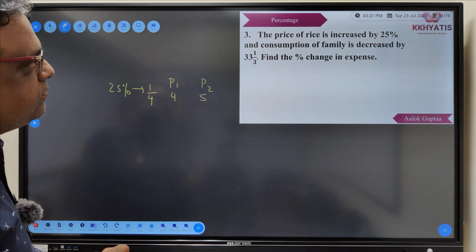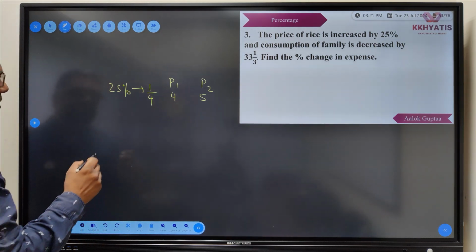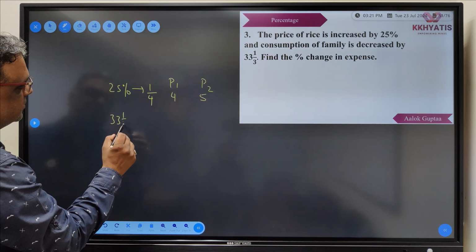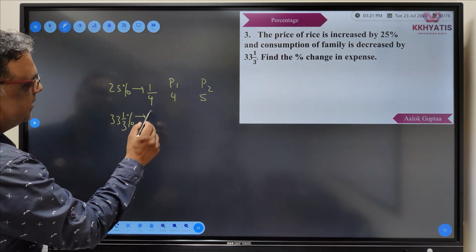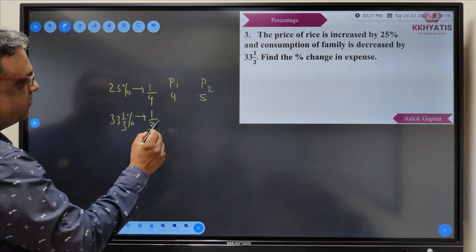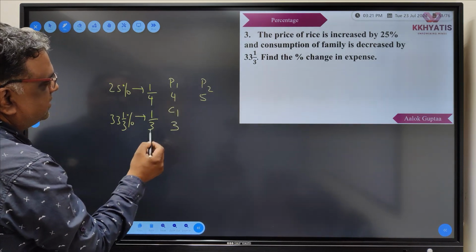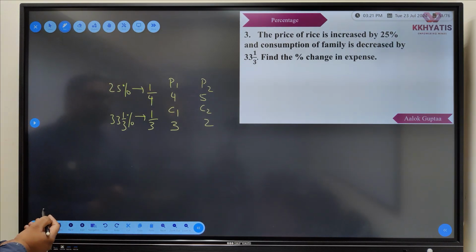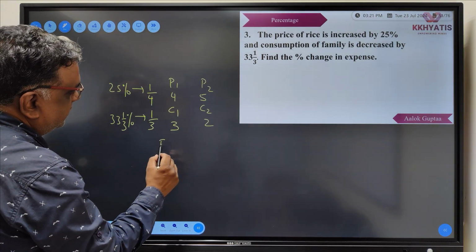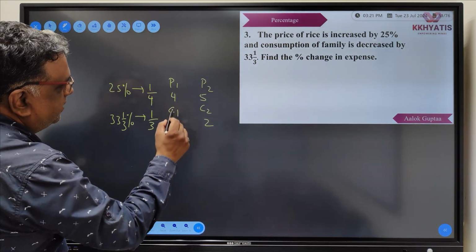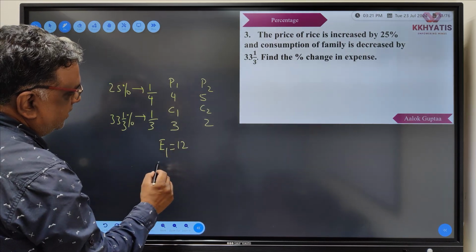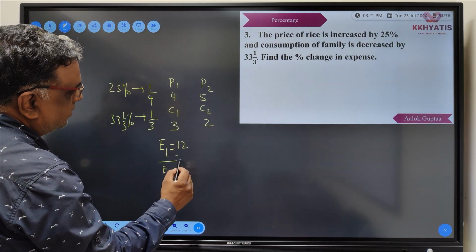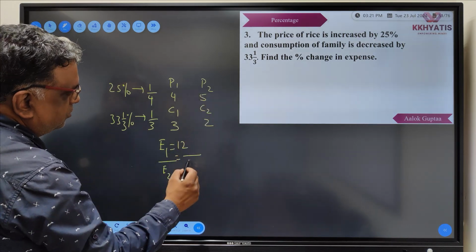Now consumption decreased by 33 1 by 3%, which is 1 by 3, which means if my consumption earlier was 3, it decreased by 1 and the new consumption became 2. So what is my earlier expense? E1 is P1 into C1, which is 12. What is my E2? P2 into C2, which is 10.